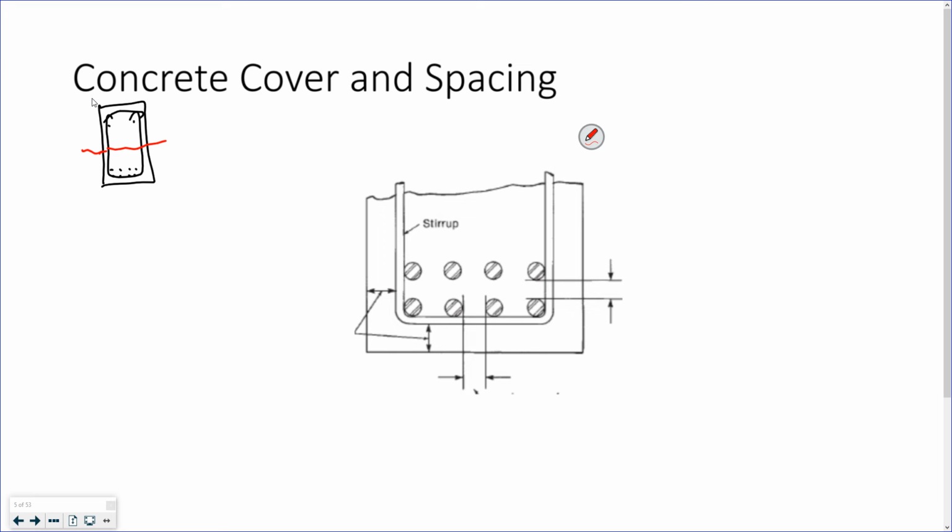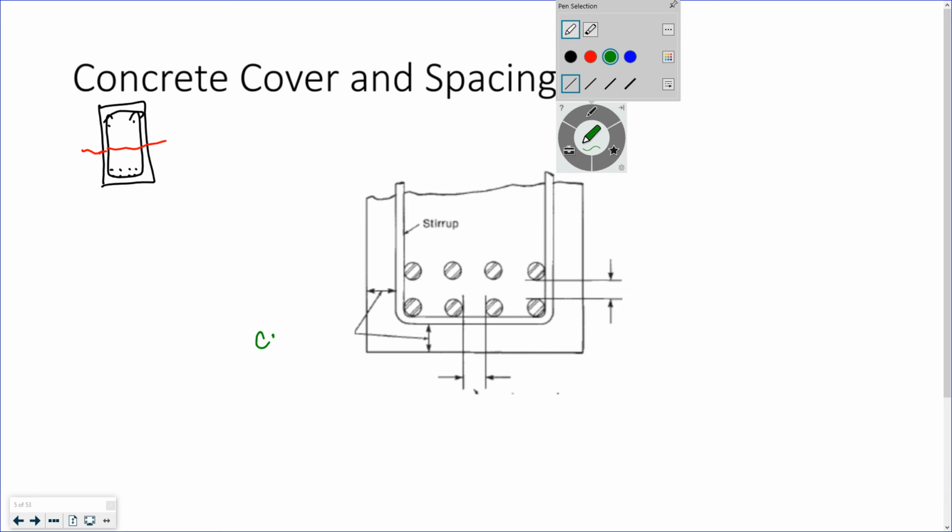So, we have to specify the spacing between the bars and each other, and the bars and the outside world. So if we're talking about cover, we're talking about the bars and the outside world. Right?